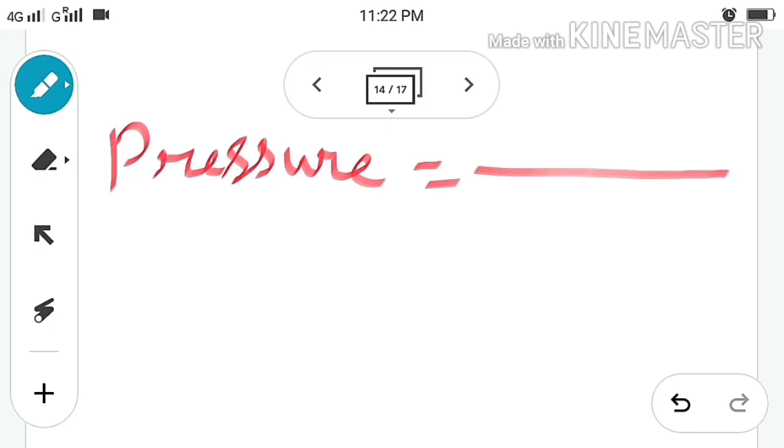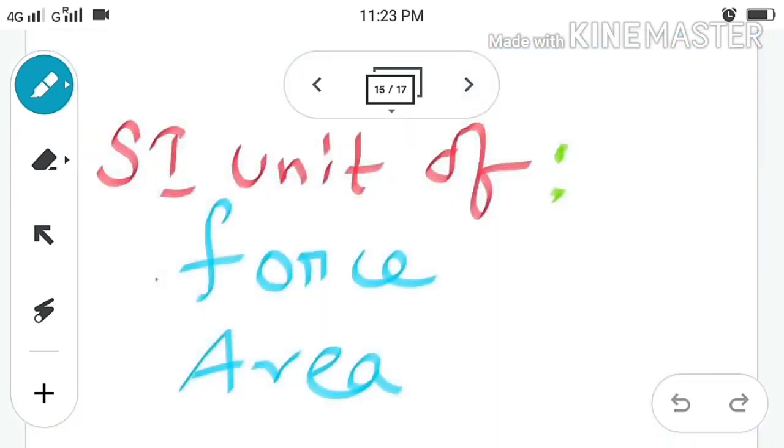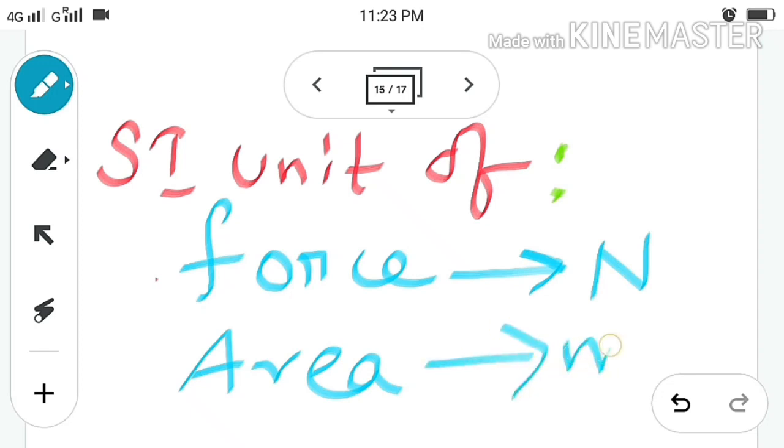What is it? Pressure is given by force by area. Now, let me write their SI units. Can you recall what is the SI unit of force? It is Newton. And what is the SI unit of area? It is meter square.